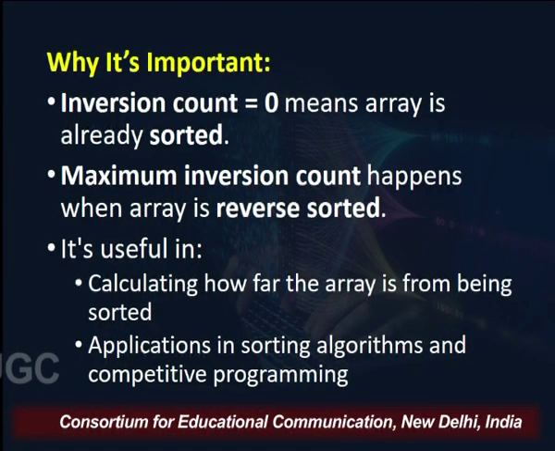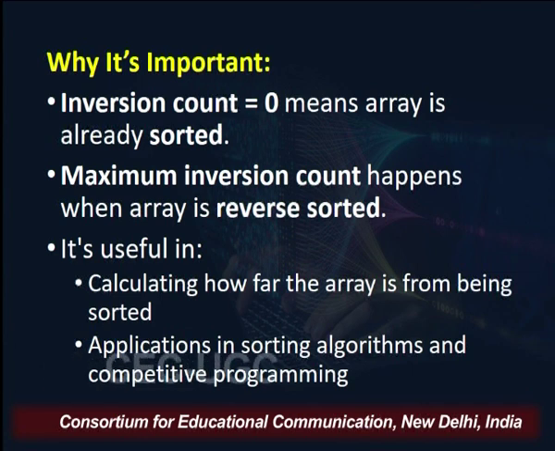First of all, if inversion count equals 0 it implies the array is sorted, and if the inversion count is maximum, the array is reverse sorted. This technique is useful in calculating how far the array is from being sorted, and in applications of sorting algorithms and competitive programming.